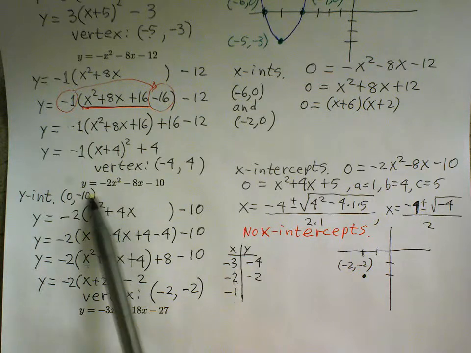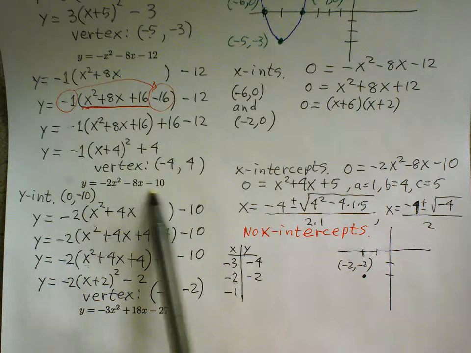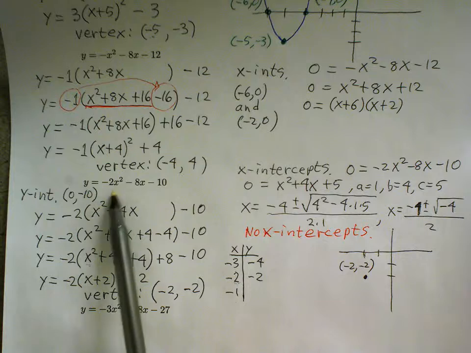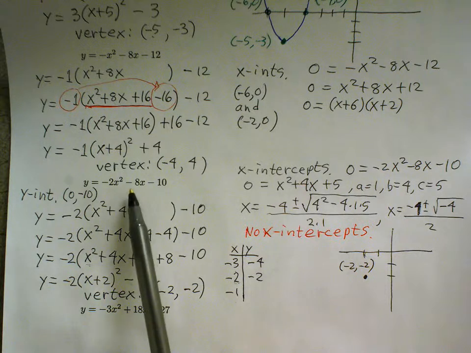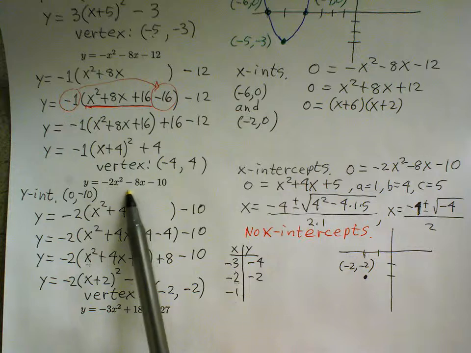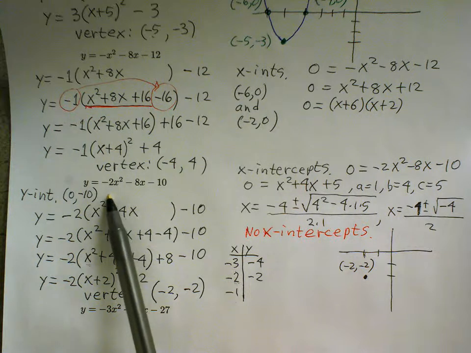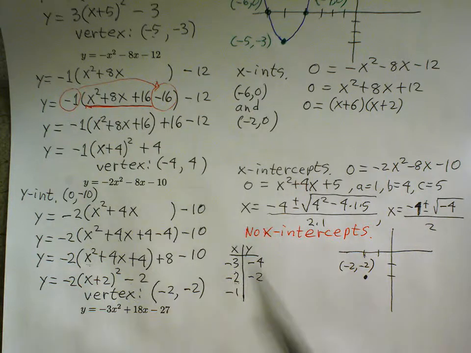So we have y equals -2 times -1 squared minus 8 times -1 minus 10. -1 squared is 1. -2 times 1 is -2. And then we're subtracting -8, which means the same thing as adding 8. So -2 plus 8 is +6. 6 minus 10 is -4.